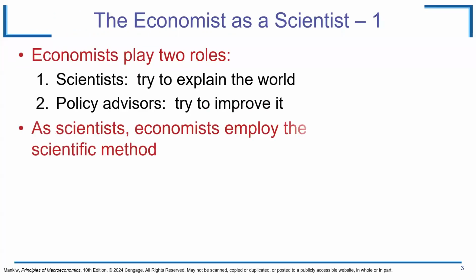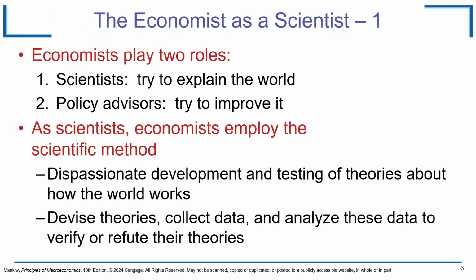Okay, let's get started. So the economists normally play two roles. First is scientist. They try to explain the world. Second is a policy advisor. They try to improve it. So those two roles are actually the two sides of the same coin.